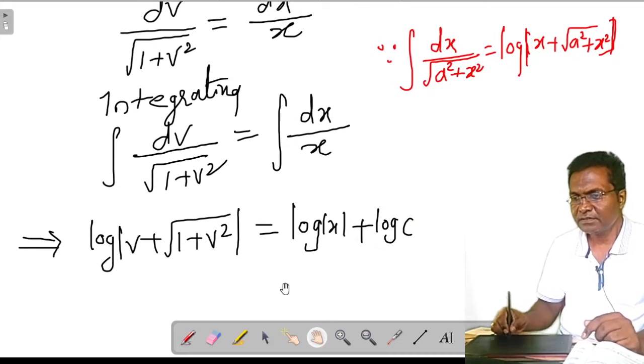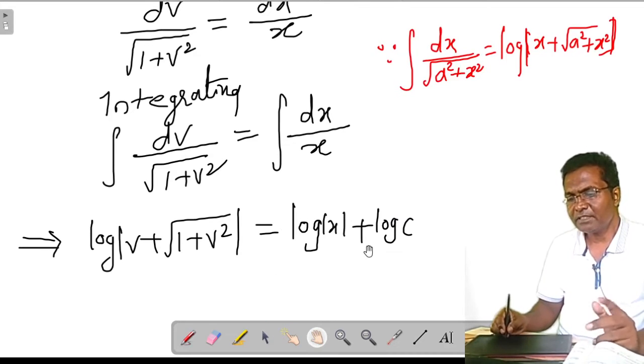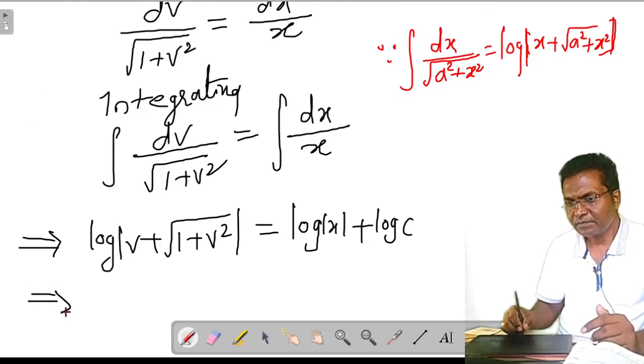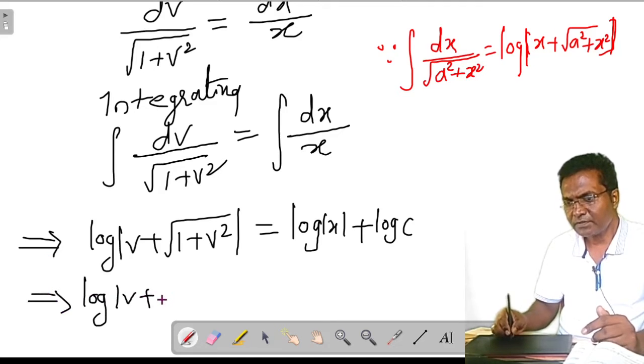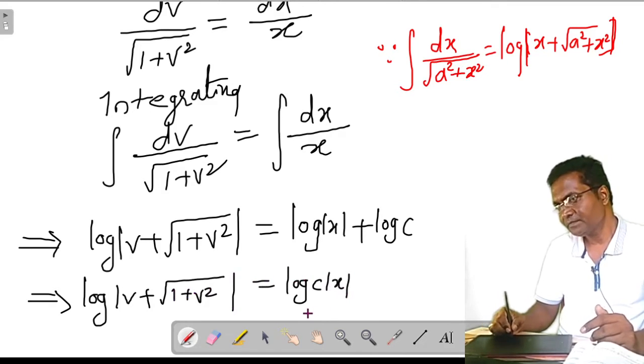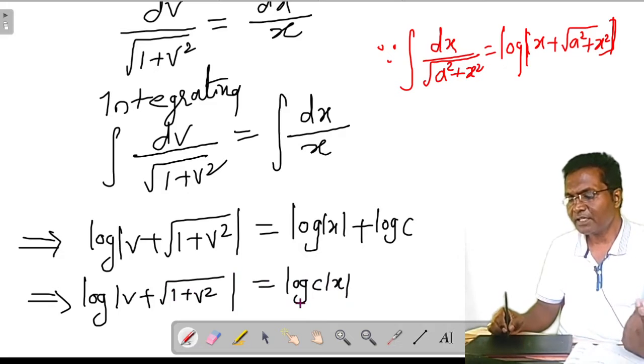Okay. Now, log m plus log n is log mn. So what should I write? I can write it as log of v plus square root of 1 plus v squared is equal to log of c into x. Okay, so log m plus log n is log mn.